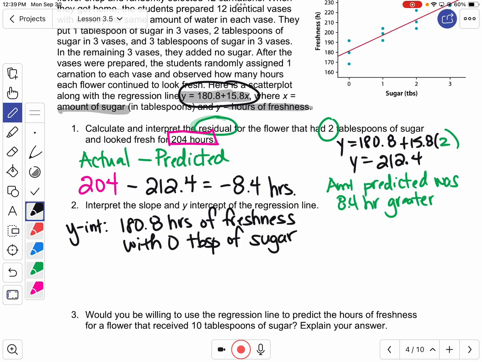I'm just looking at what the y value talks about. It talks about the hours of freshness, and then it's always if I had 0 of the other variable. So with 0 tablespoons of sugar.